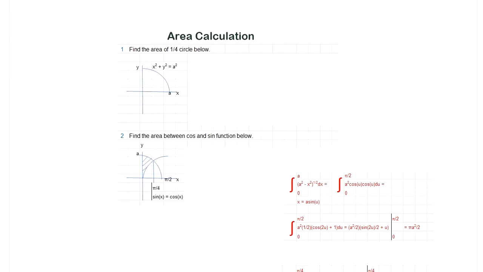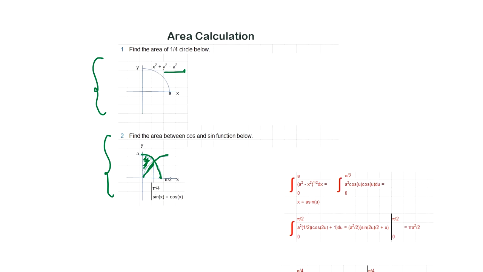Area calculation. Oh, this is the fun part. Calculate a quarter circle area. The function is this. Find the area between the cosine and the sine function below. This is cosine, this is sine. What is the area between?